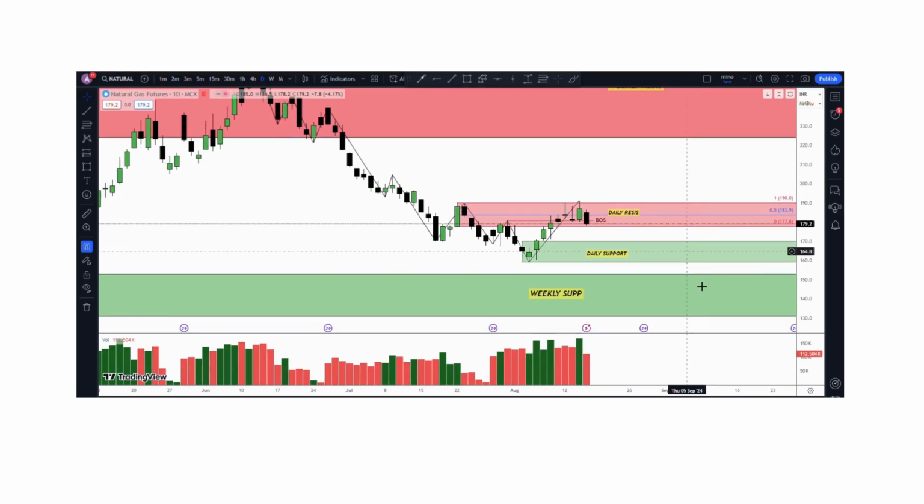So I personally would not be looking to take a trade on the long side, because there is this resistance level over here. If I want to go long, I would look for price to come down to this daily support zone and form price action here.